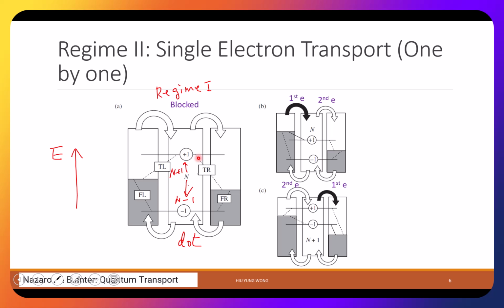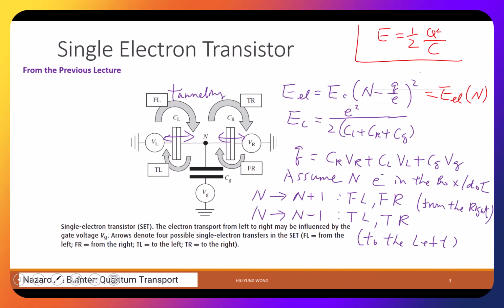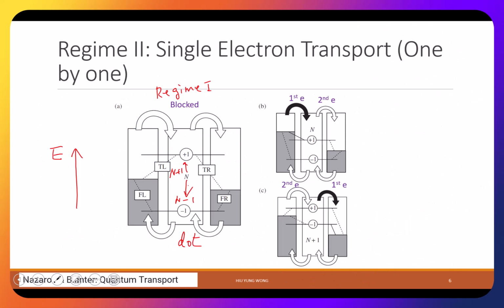If you want to put an electron here, you need to bring up the energy to this level. If you lose one electron, then your energy level will go down. Again, this is just because of this one. Look at this equation. Because energy is proportional to n offset by something, squared, right? So if I have more electrons, my energy goes up. If I have fewer electrons, it goes down.